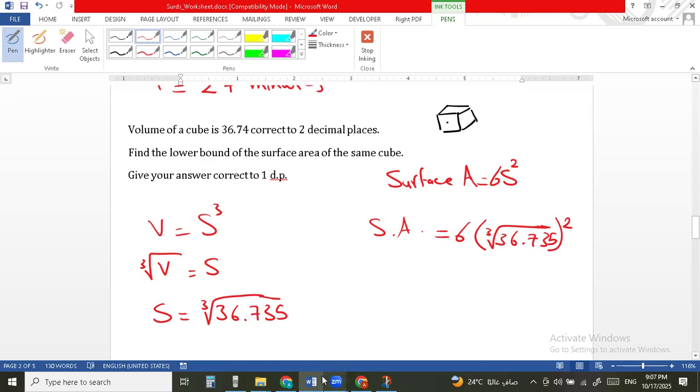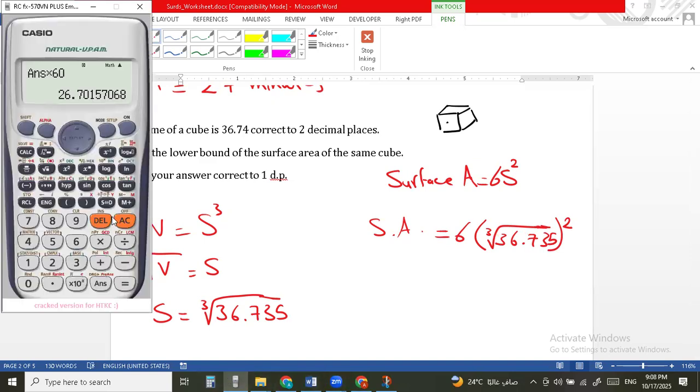So I'm going to go to my lovely calculator and right over here, 6, open the brackets, cube root of 36.735, close the brackets, all is squared. What's inside the brackets is squared, equals 66.303. A lot of numbers, but they wanted the answer corrected to one decimal place. So it is 66.3.